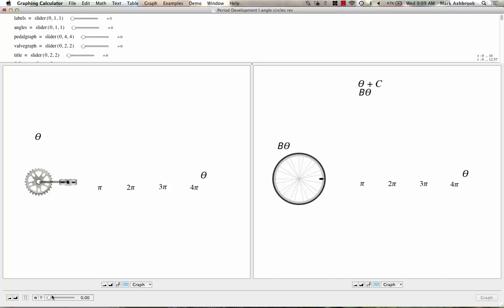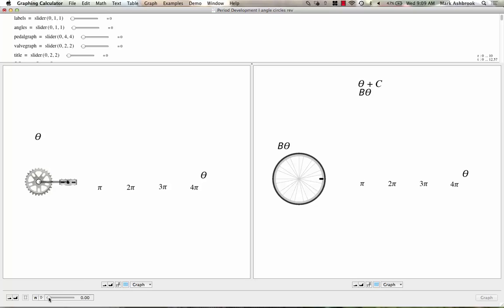Half as fast, people are saying. So if the pedal goes halfway around, where will the tire valve be? Where will the tire valve end up? Where on the circle? If I rotate the pedal half of a rotation, so to the 9 o'clock position on the circle, where will the tire valve end up?